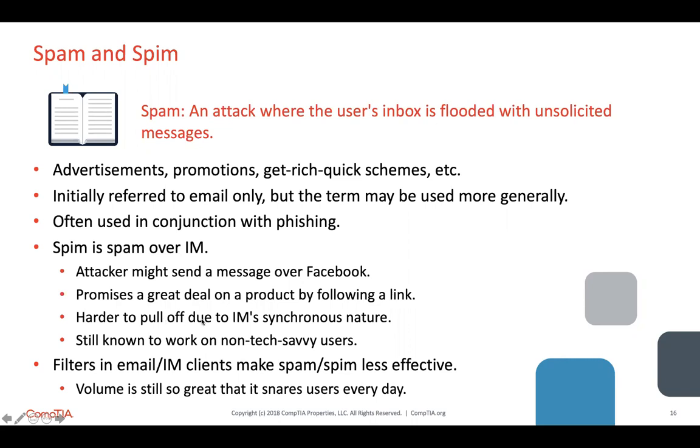This is hard to pull off due to IM's synchronous nature. Also, if it's someone you know, a lot of times you just got people unknowingly passing on stuff, they don't mean anything by it. They clicked on the wrong thing. Filters in email and IM clients make spam and spim less effective. Volume is still so great that it snares users every day.